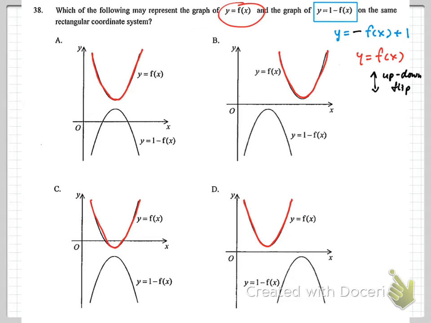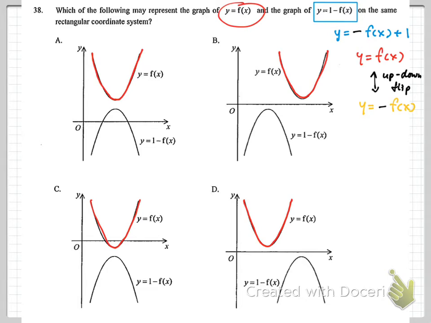Oh, should I use another color? Let me arrive at the yellow one. The yellow one is minus f(x), the signature of an up-down flip. And then what do you do?